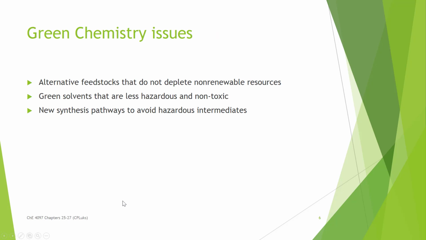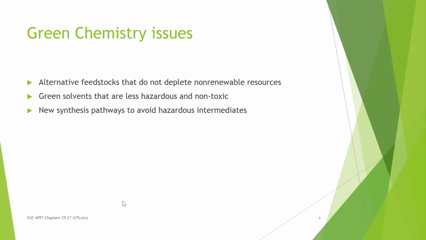Additionally, there are a lot of other green chemistry issues. The people doing the 2020 AIChE National Design Problem this year are being asked to do a process intensification. That's a big topic, and we'll have an elective on that offered this next academic year.